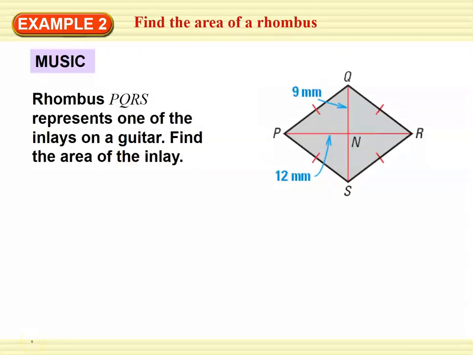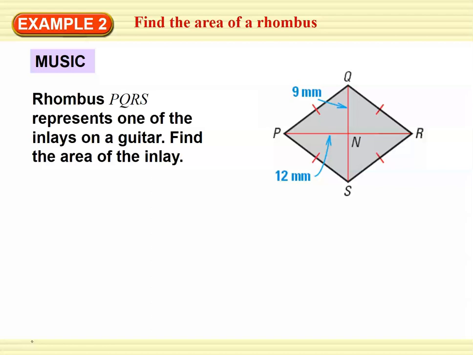All right, here we have a rhombus, which is one of the inlays of a guitar. So find the area of the inlays. Now you want to pay attention. So to find the area of a rhombus, we need to take half of the two diagonals multiplied together. The only thing that you really have to pay attention to on these is make sure that you use the whole diagonal.